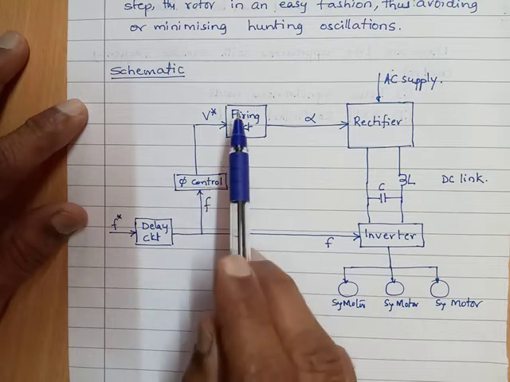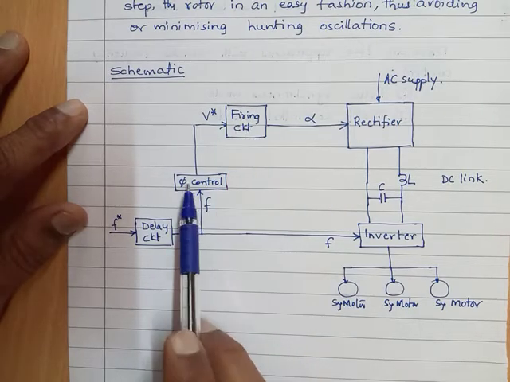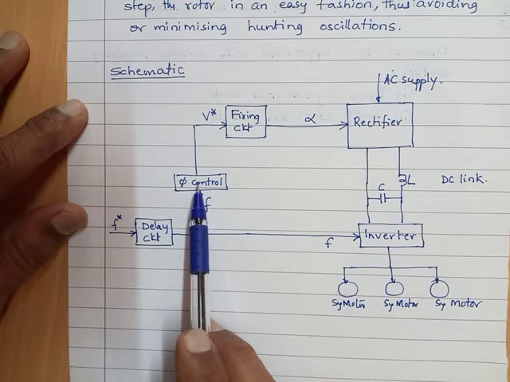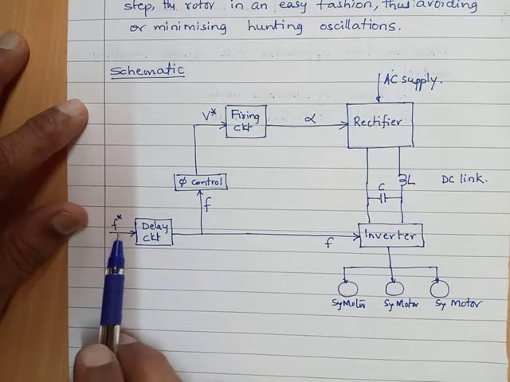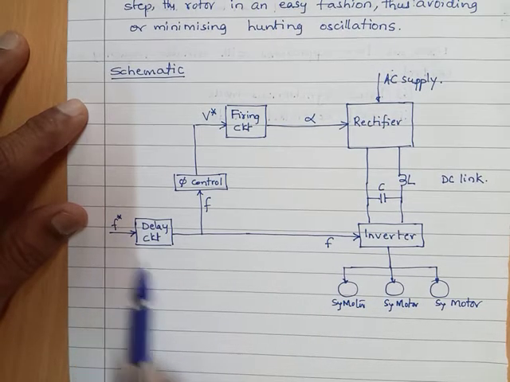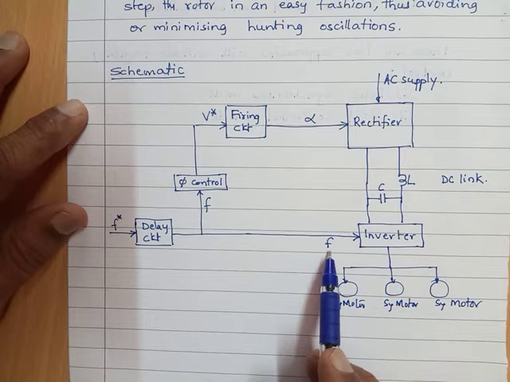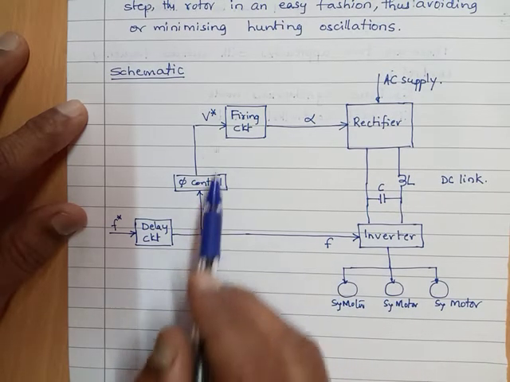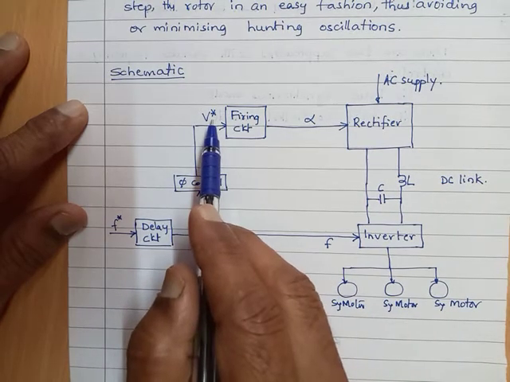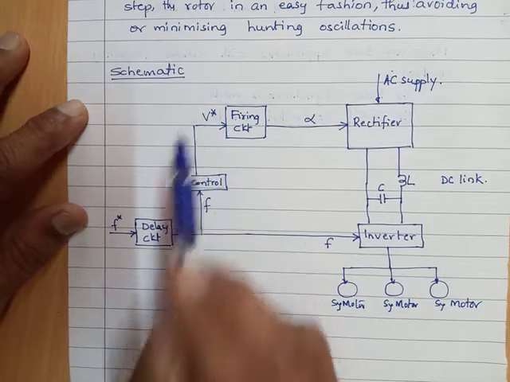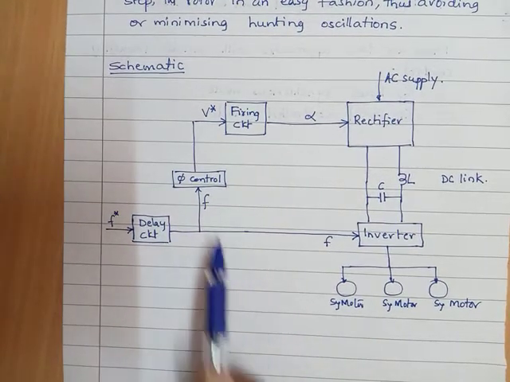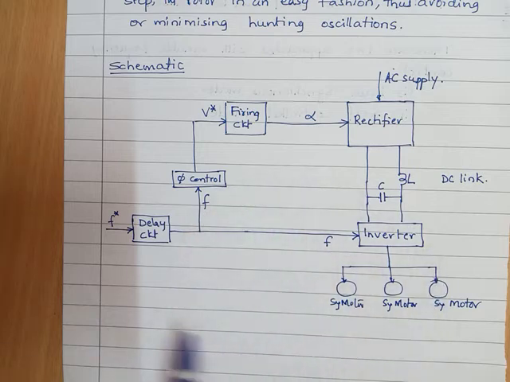And then we have firing circuit, the flux control, delay circuit, reference frequency F star, actual frequency F, the voltage V star expected, reference voltage, so to say. So what are all in this schematic?